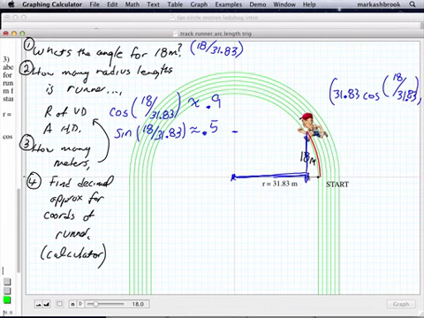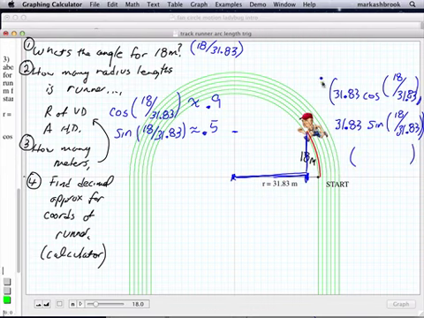And then what about the y-coordinate in meters? We'll take the number of radius lengths, which is sine, and multiply it by the length of one radius. Okay, so let's get decimal approximations for those numbers. So these are the coordinates of the runner in meters.